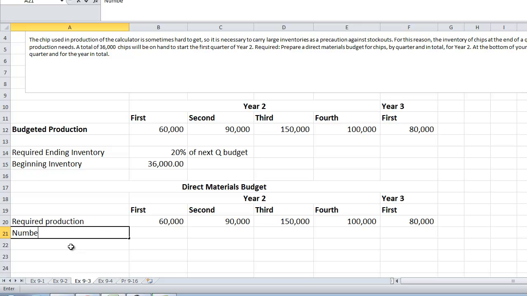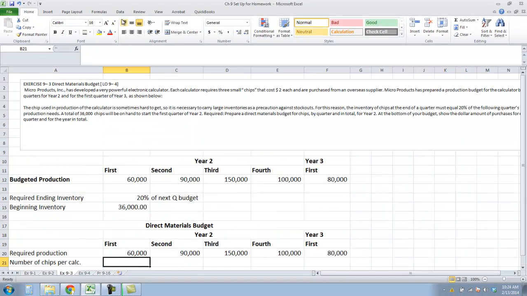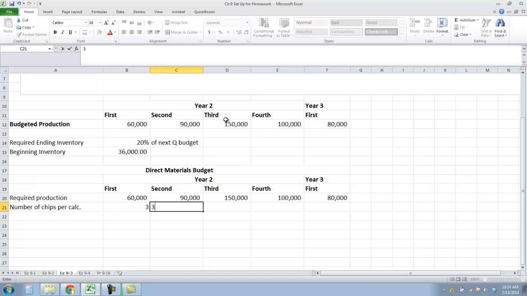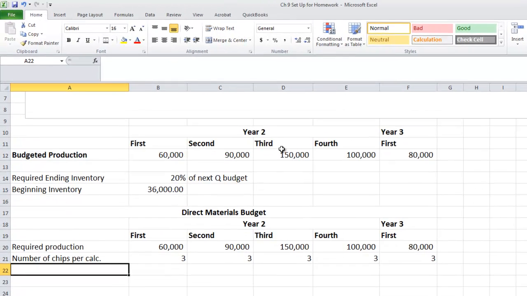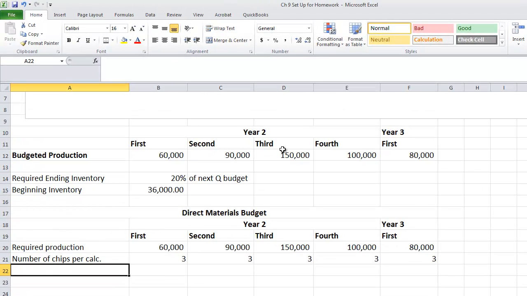Now, in order to understand how many chips we actually need, these are units being produced, number of chips per calculator. Okay, it told us in the problem that they produce a very powerful calculator. Each calculator requires 3 small chips. So every unit is going to need 3 chips. So I'm going to multiply the number of units by 3 chips.